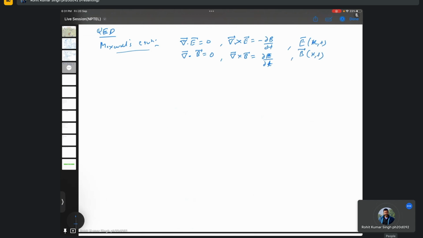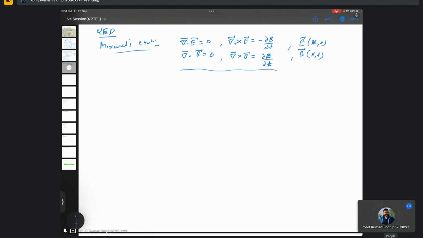First we want to write these Maxwell equations in a covariant form, because we are going to introduce relativistic equations, and so we need a covariant form. We cannot work with this.